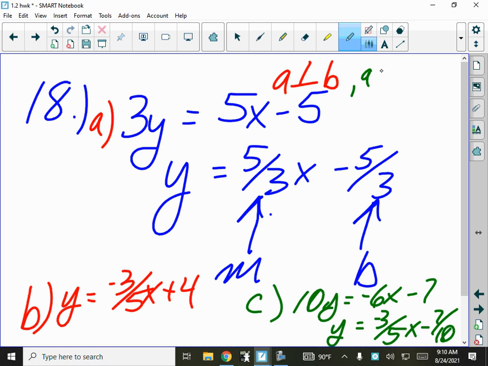A is perpendicular to C. And then the last conclusion we can draw is that B is parallel to C. Ta-da! 21. Any questions there?